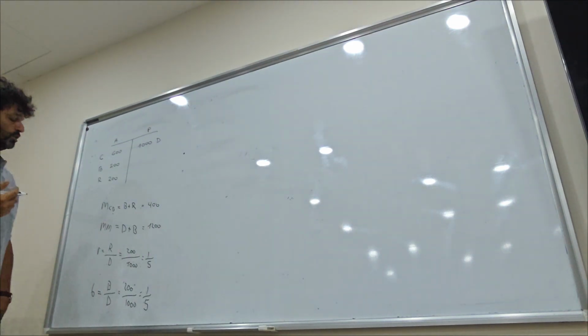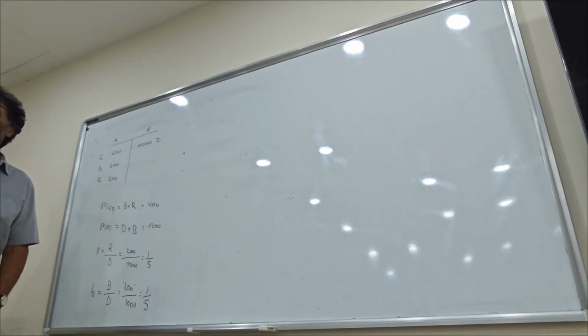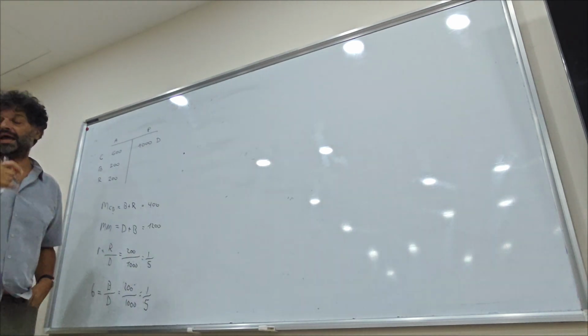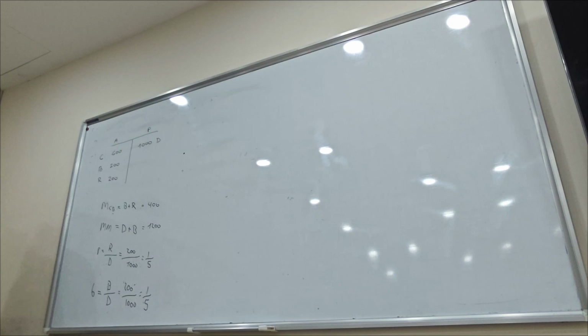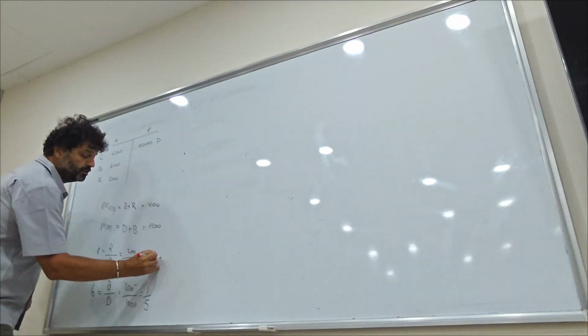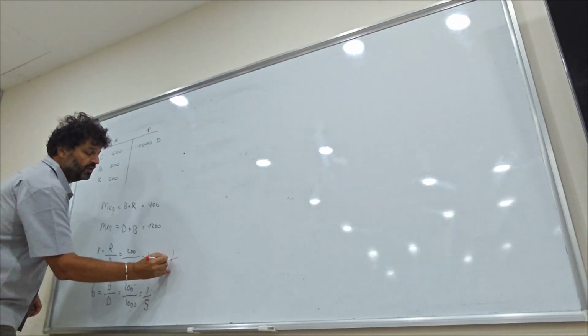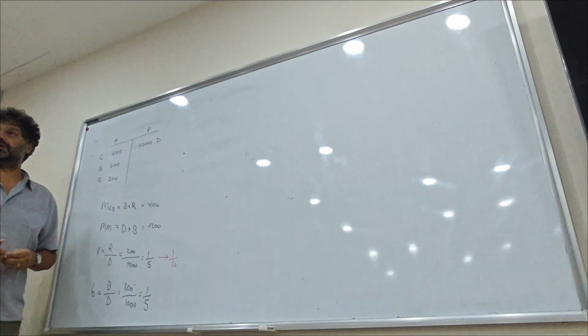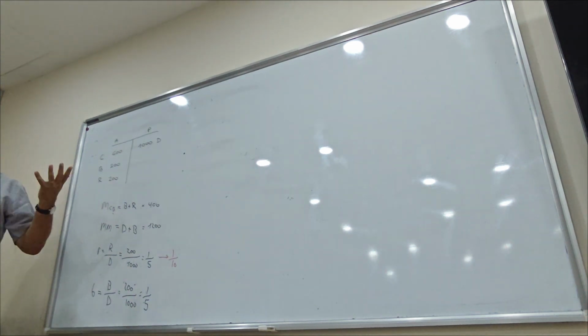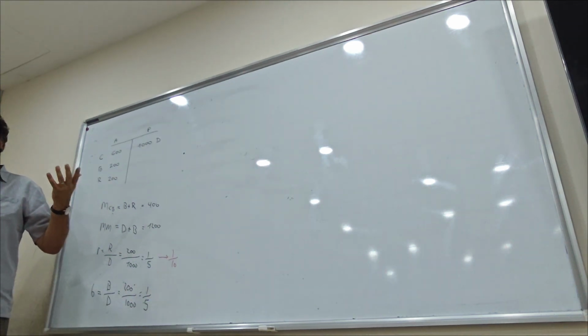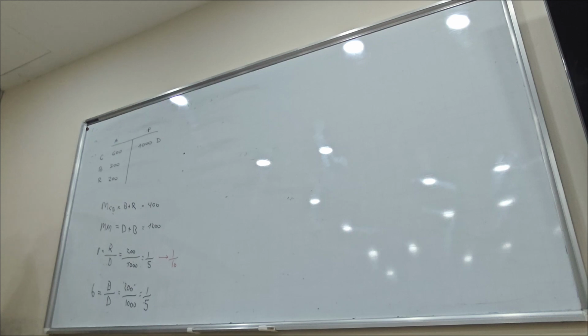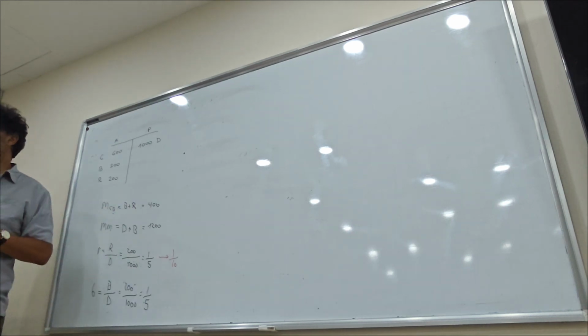So they're going to lower the reserve rate. The central bank, let's put it in red, decides to decrease the reserve ratio, and it goes from 1/5 to 1/10. Okay? So what is happening now?